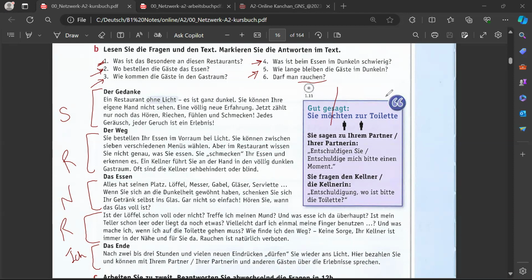Oft sind die Kellner sehr behindert oder blind. The waiters are often visually impaired or blind.